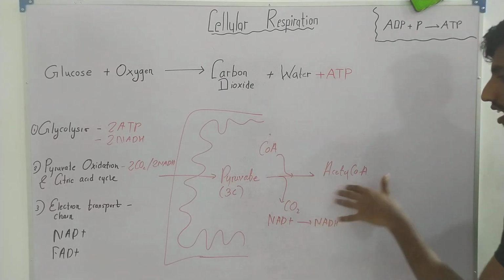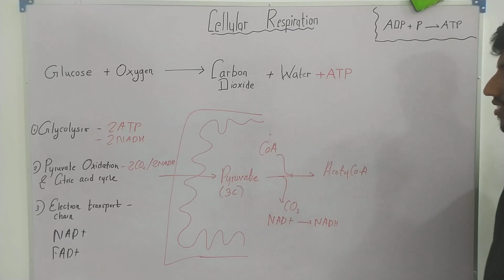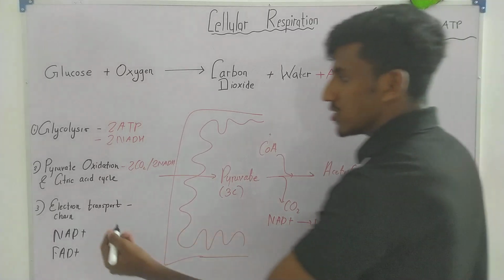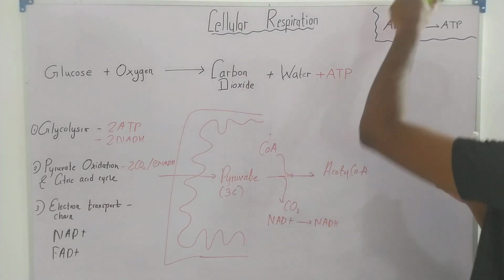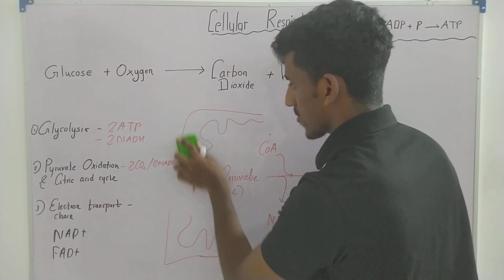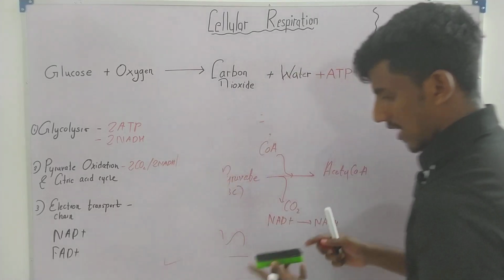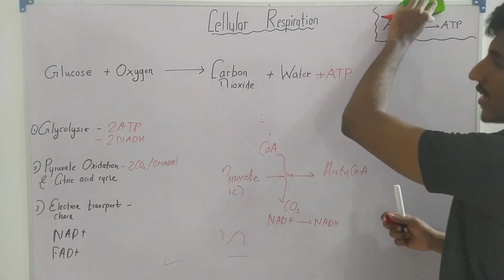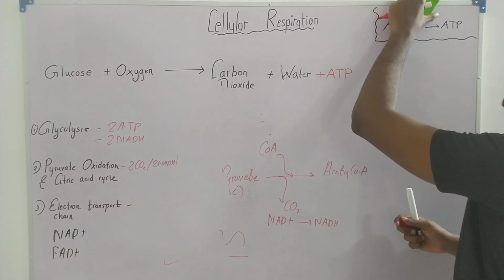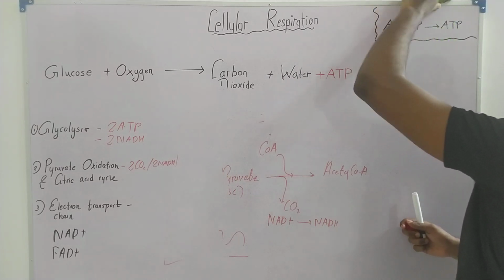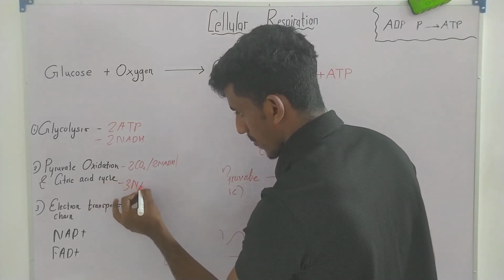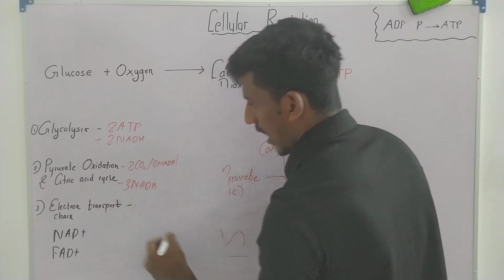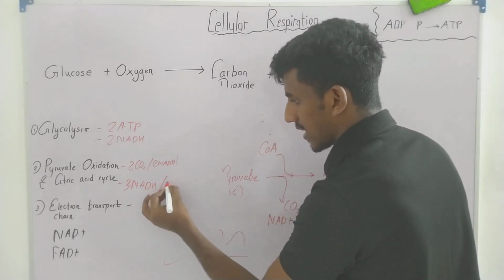So after one cycle of the citric acid cycle, acetyl-CoA can produce 3 NADH, and also 1 FADH.